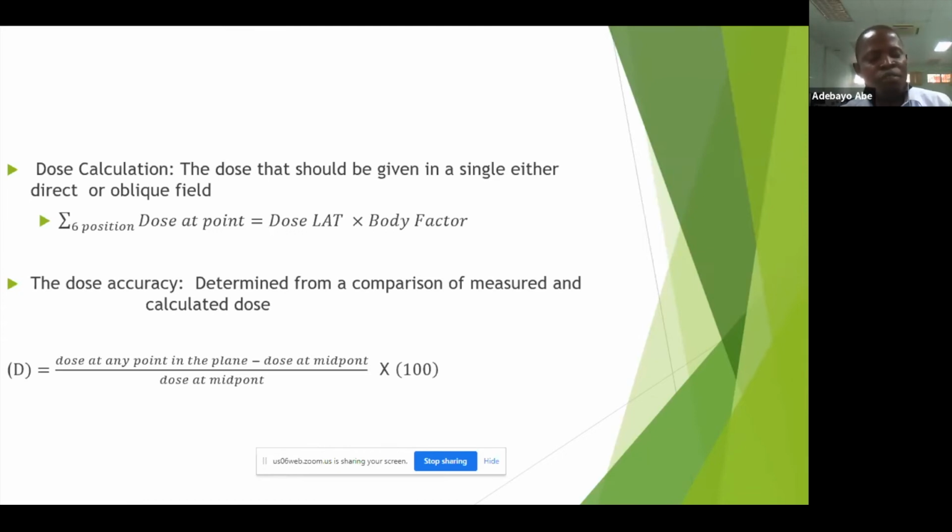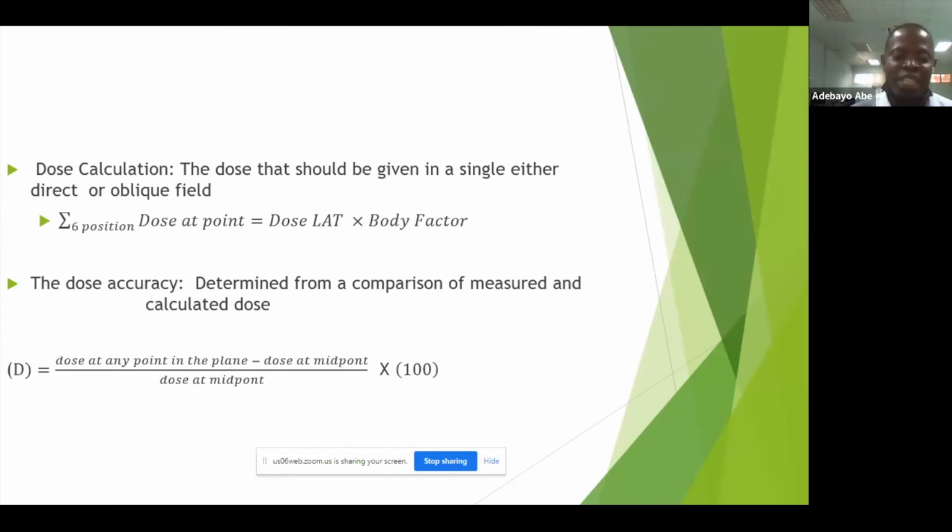Because before the patient starts the treatment, it was the phantom that was used. Then on the first day of the treatment, you have to place either your film or your TLDs to know that the setup you get is not a computed tomography simulation now.